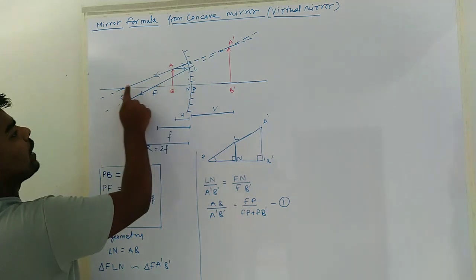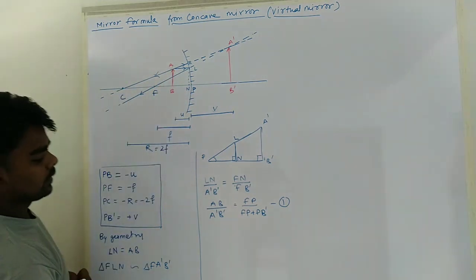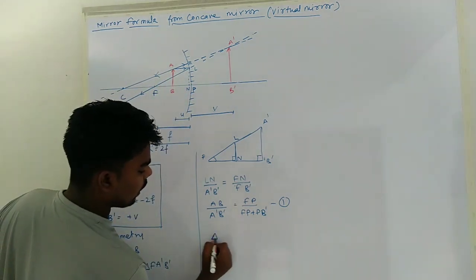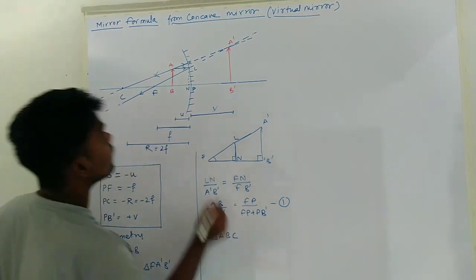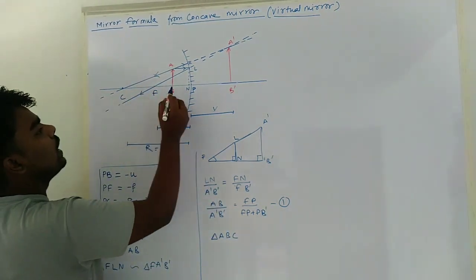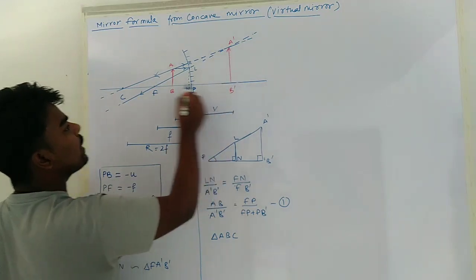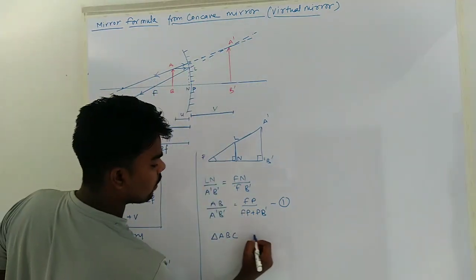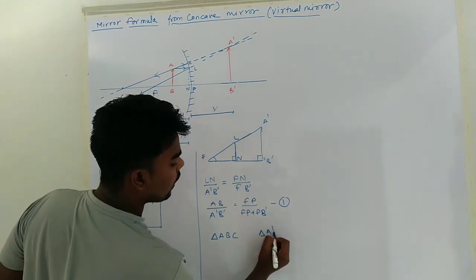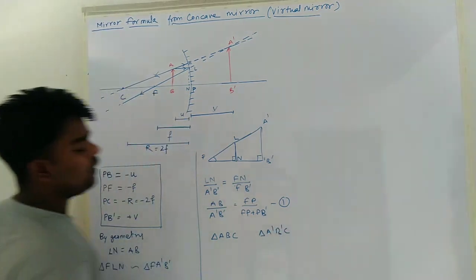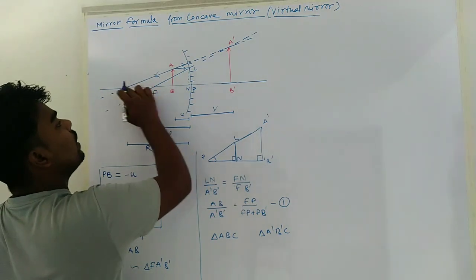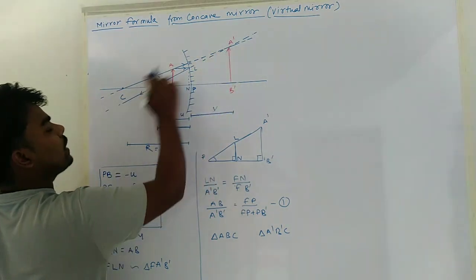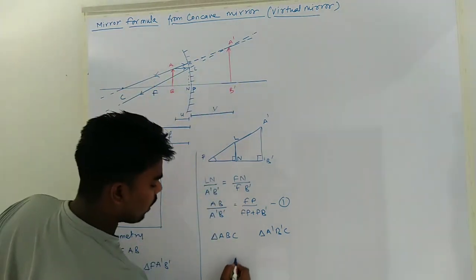Another triangle we can see is this one: triangle ABC, and triangle A'B'C. This is also the same kind of triangle.